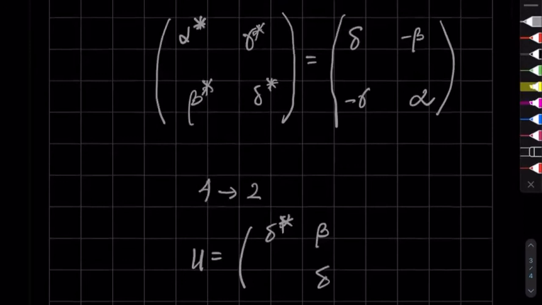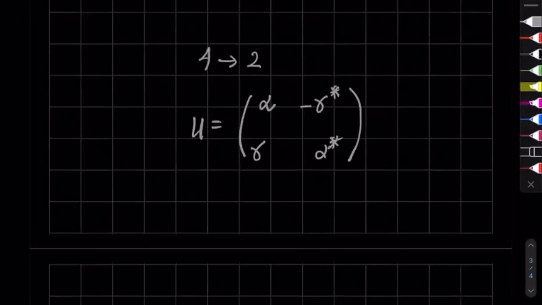Yeah, okay. So then I can keep alpha here, and where I had beta, now I get minus gamma star. Where I had gamma, I keep gamma. And where I had delta, I have now alpha star.